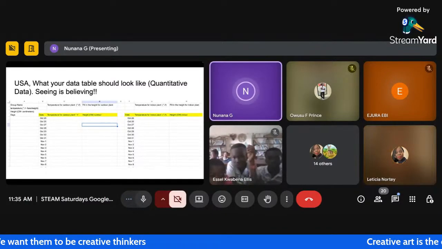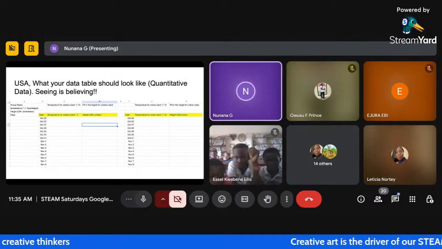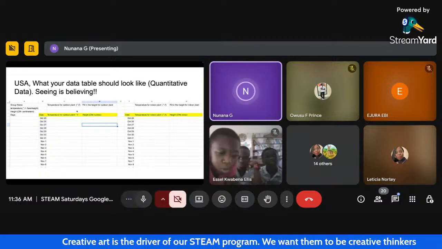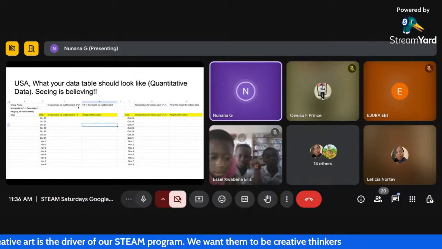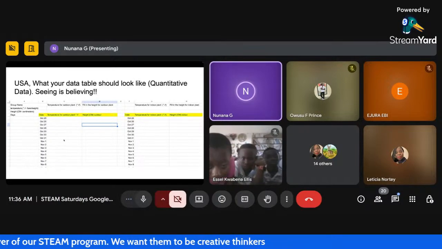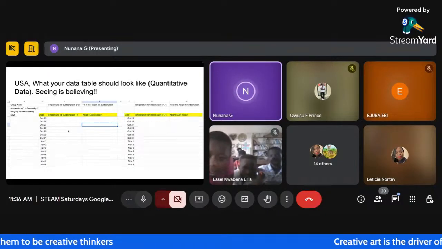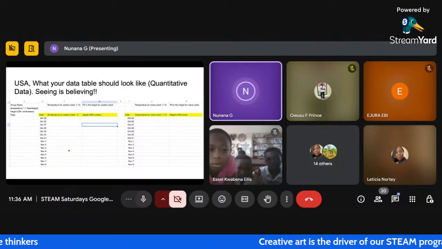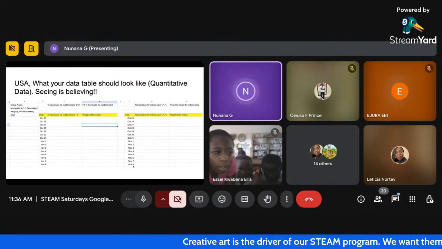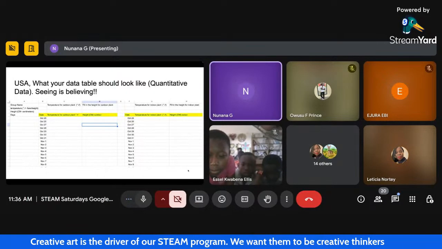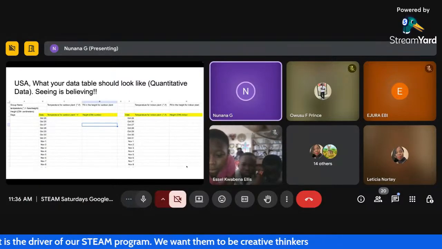The second one is to show your measurements. So for USA, on the Excel sheet, you will see that the temperature is in Fahrenheit. Please make sure that it is in Fahrenheit when you're putting in your temperature for outdoor and indoor. And also you're measuring the height. Okay? Seeing is believing.